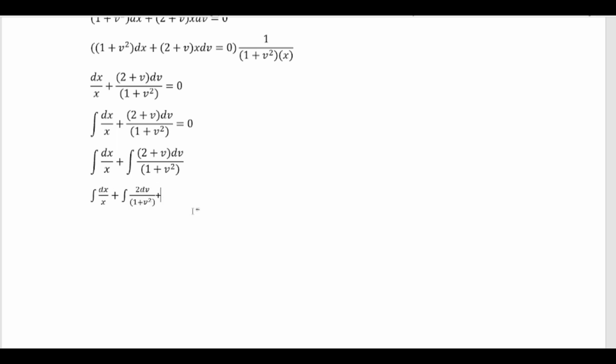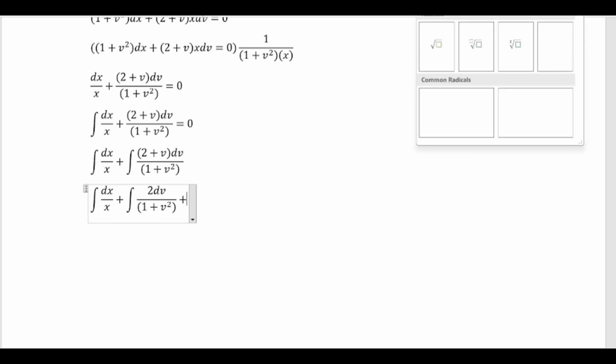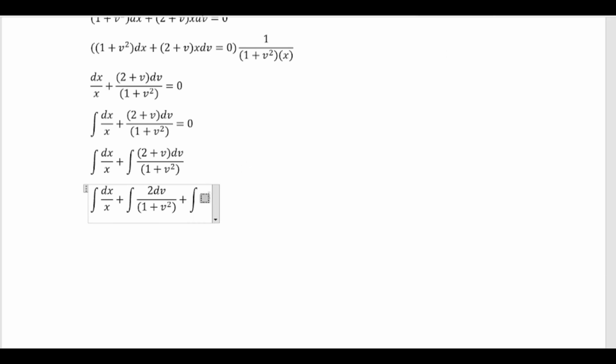Plus, okay, there we go. The integration of this one. But the other side, the v.